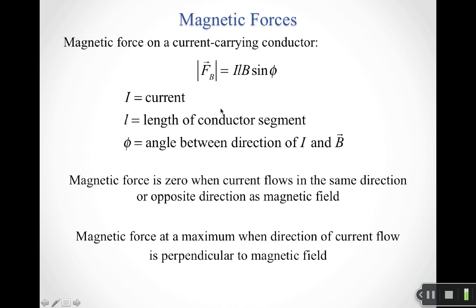So we'll play with these two scenarios for calculating the magnetic force, and then again we'll talk about the right-hand rule for figuring out its direction. So we'll have both a magnitude expression, a way to calculate the magnitude, and a way to determine the direction of the magnetic force.